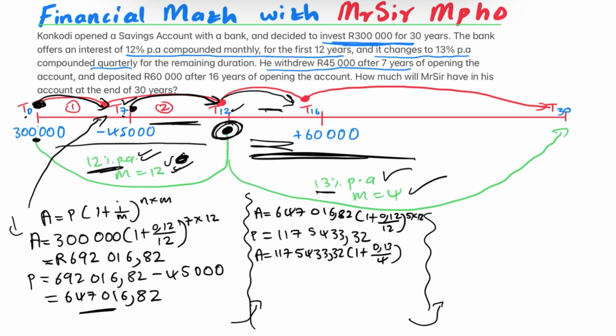To the exponent from T12 to T16, the exponent will be 4 because from T12 to T16, it's 4 years. So my N is 4 and I will multiply by my M. My M will be this one times 4. Then I'll punch this again in my calculator to get how much I will have here before I can add this. Does that make sense?